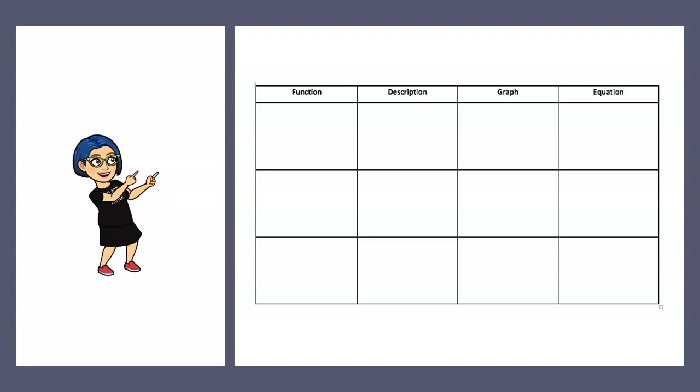But you need 3 rows and 4 columns. So you're going to label the first column function, the second column description, the third column graph, and the fourth column equation. Pause the screen now to go ahead and create your graph, and then your table, and we're going to fill it in with the 3 types of functions you must be able to recognize in 9th grade.